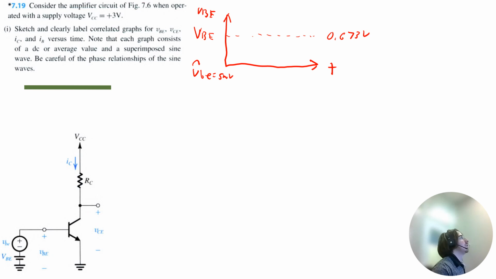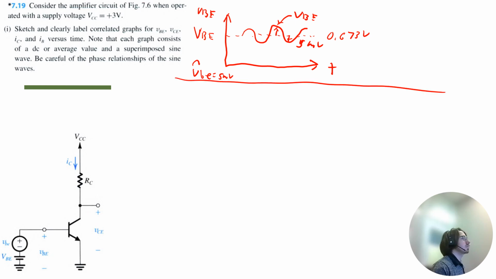So what that means is we're going to have a sinusoidal change of 5 millivolts basically. So this would be our actual VBE curve. And each peak is 5 millivolts. And this is going to be pretty similar for the rest of these.